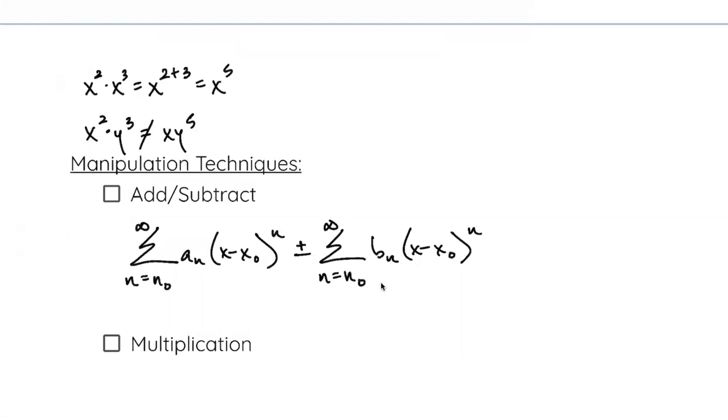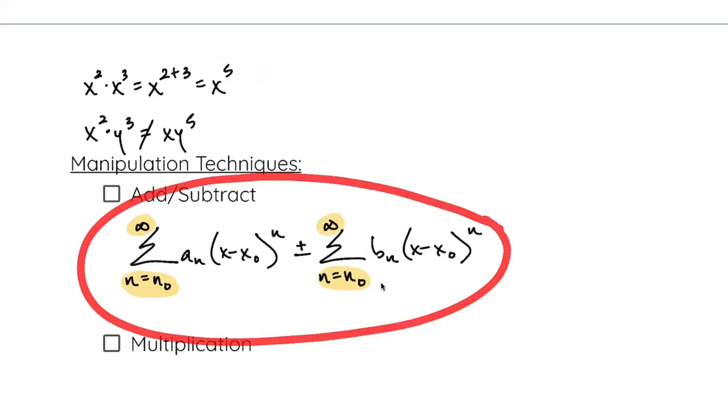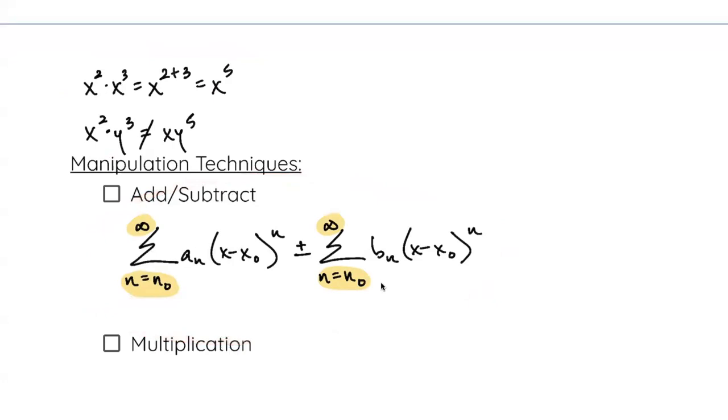And so similarly, when we look at adding or subtracting series, we need to make sure that we are starting from the same value. So both of these will be whatever n sub naught is, and we are finishing at the same point, and in this case, infinity. All right, so just like we were really good about checking, are the bases the same when we applied our exponent rules, when we're adding or subtracting series, we want to make sure that that index on the bottom is the same, okay?